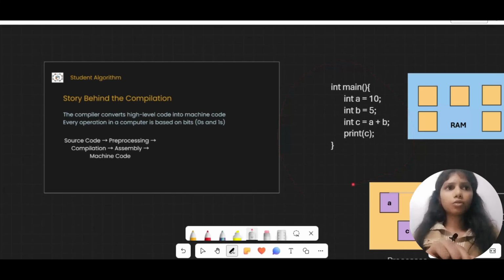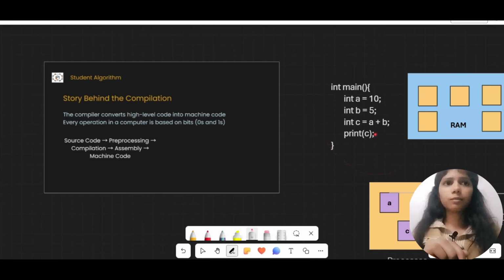First, the source code. We'll be writing source code, which is nothing but the high level programming language. This goes through the pre-processing stage. In pre-processing, what happens is the code or the program should be ready before compilation.